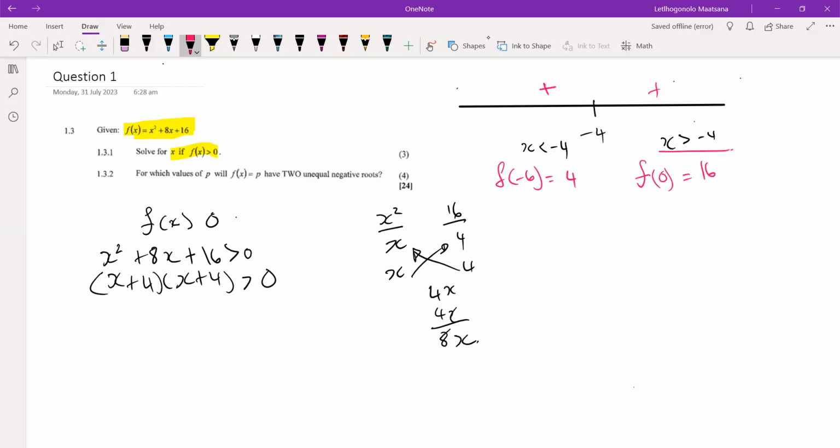Again, it is positive. So that tells us that f of x is going to be greater than 0 when x is greater than -4 or when x is less than -4.